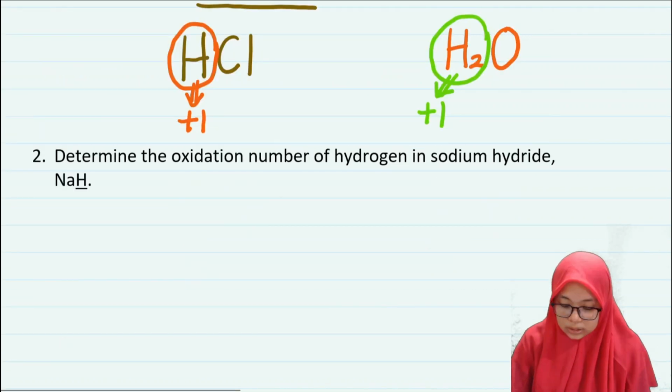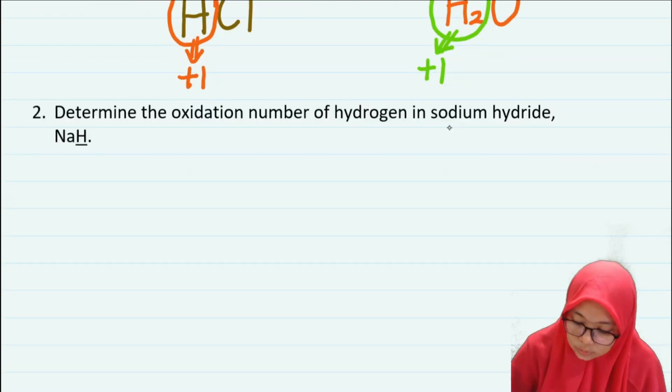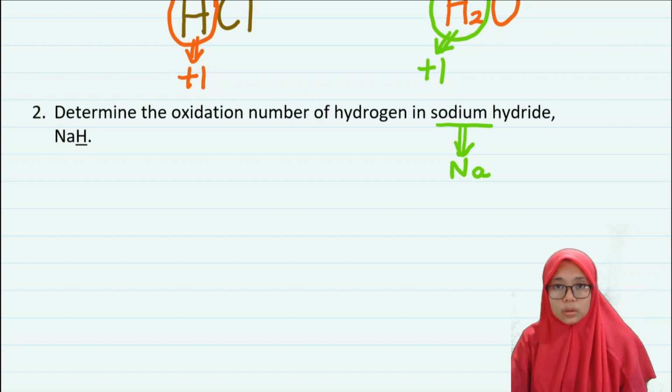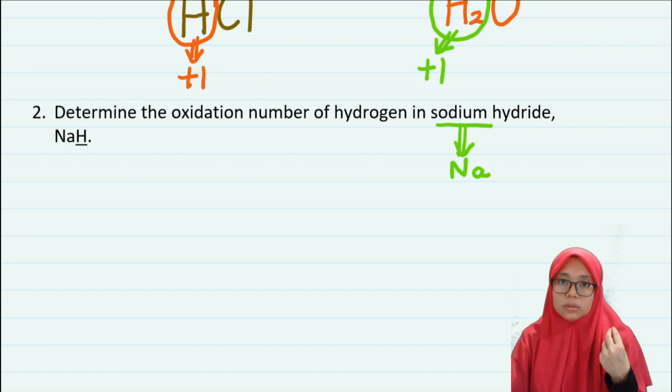The second example given here is hydrogen reacting with sodium. Sodium, Na, is a reactive metal. So if hydrogen reacts with a more electropositive metal such as sodium, potassium or lithium, instead of having positive 1 as the oxidation number, it will have an oxidation number of negative 1.